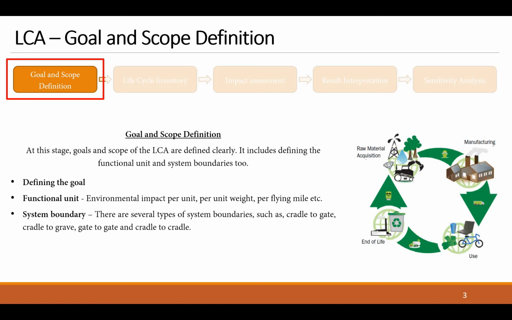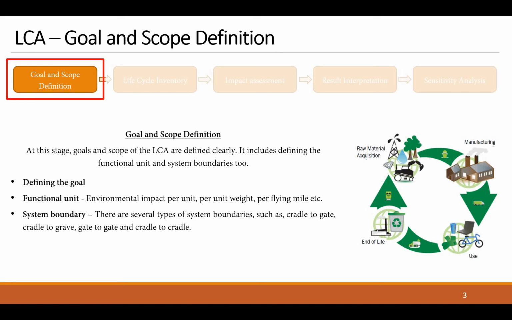So we have to come up in a way, let's say if we are using that composite material in a car, we have to define it in a way per mile run of that car, because they are durable too, so that would last much longer. So we sometimes have to come up with a very fancy or very creative functional unit as well, which captures the actual effect.